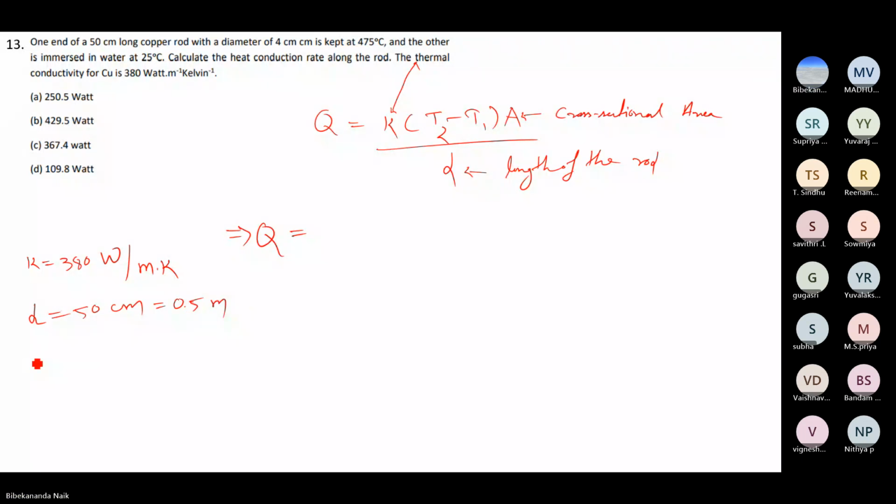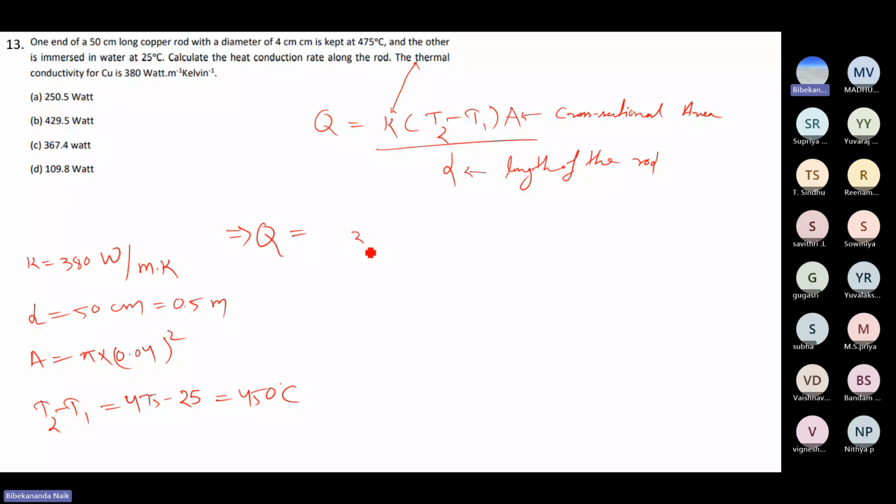The cross-sectional area A will be pi times 0.04 squared, and T2 minus T1 is 475 minus 25, which is 450 degrees Celsius. This temperature difference will be the same in Kelvin, because if you add 273 in both cases, the difference will be the same. So 450 will be the temperature difference.